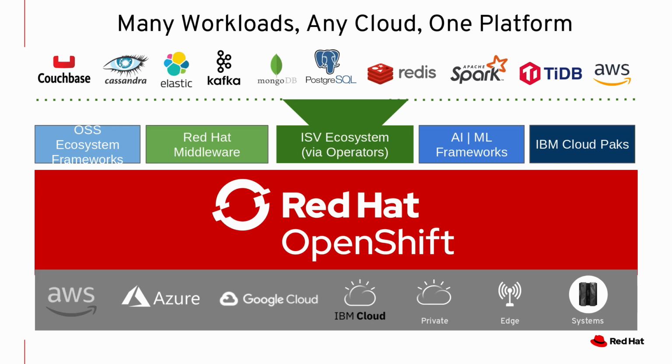We introduced some time ago the concept of operators, which are kind of advanced installers, which have the capability to manage the whole life cycle of the application. So not only the installation and upgrade, but also some maintenance, monitoring, and self-healing. And we have standardized the way those operators are installed and consumed in OpenShift Container Platform.